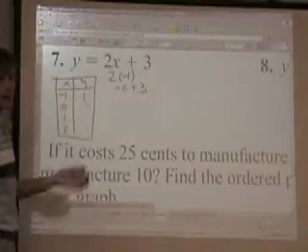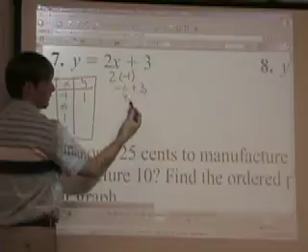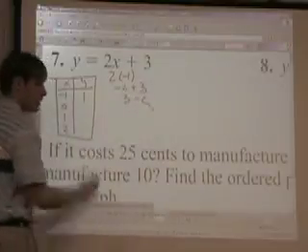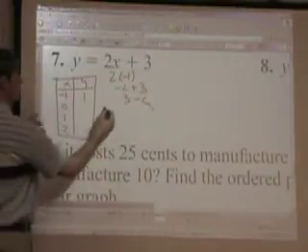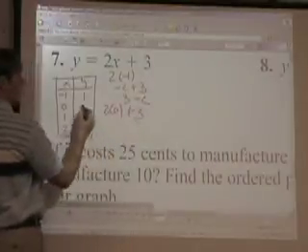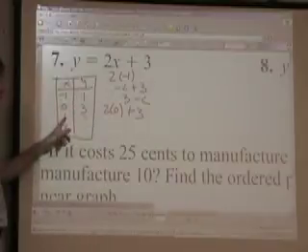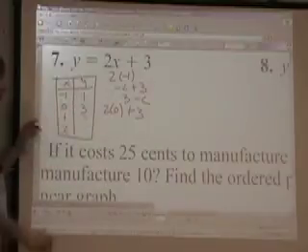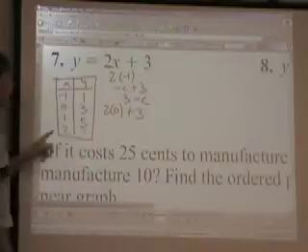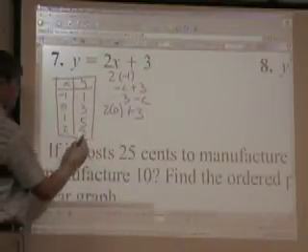It's 1. Negative 2 plus 3 is the same thing as 3 minus 2, which is 1. Now I've got 2 times 0, which is 0, plus 3, so that equals 3. Then I've got 2 times 1, which is 2, plus 3 is 5. And then I've got 2 times 2, which is 4, plus 3 is 7.